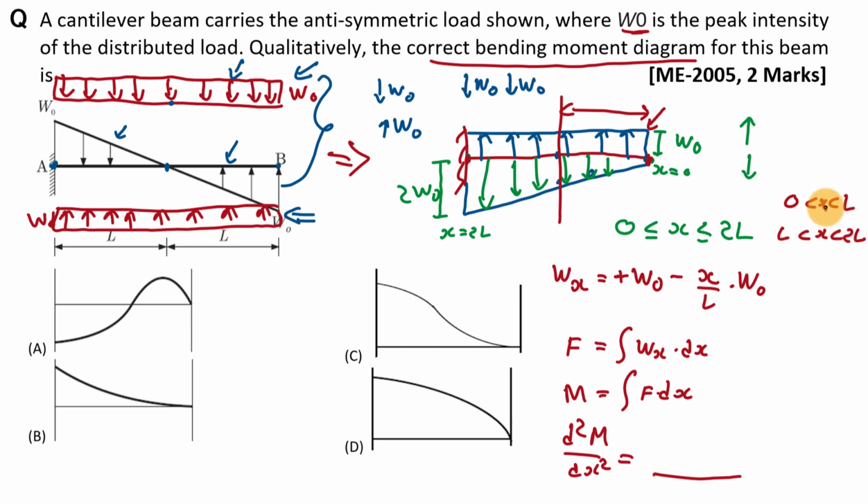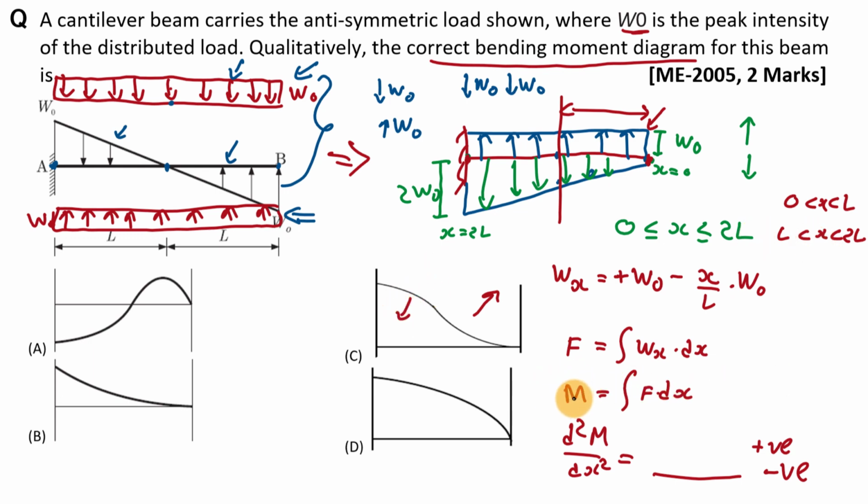Here if you put any value between 0 to L, you will get this value as positive, and if you put any value of x between L to 2L, you will get d square M by dx square negative. Means in the interval 0 to L, the curvature will be in the upward direction, and in the interval L to 2L, the curvature will be in the downward direction.